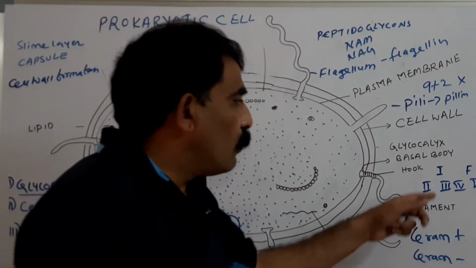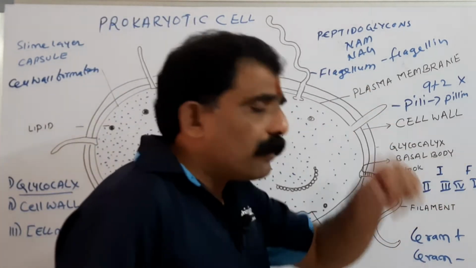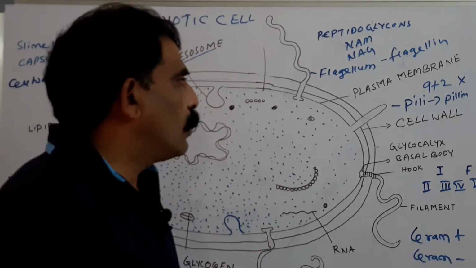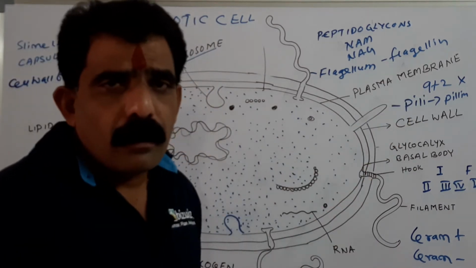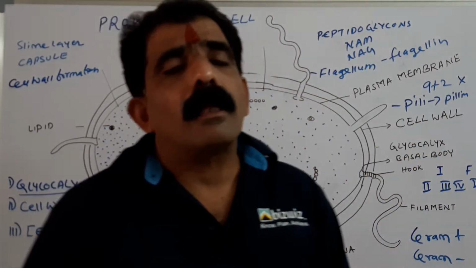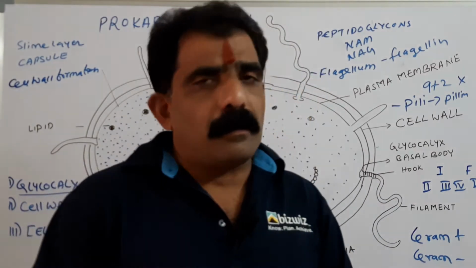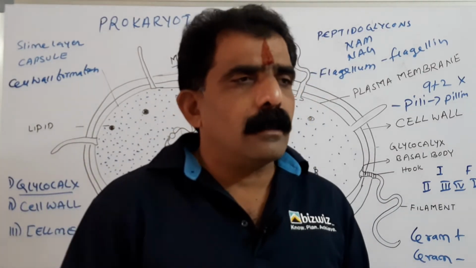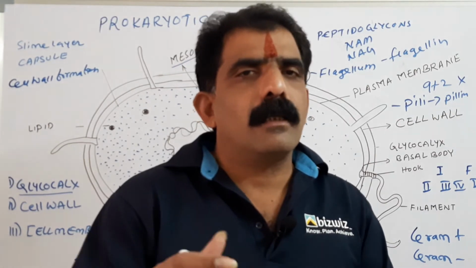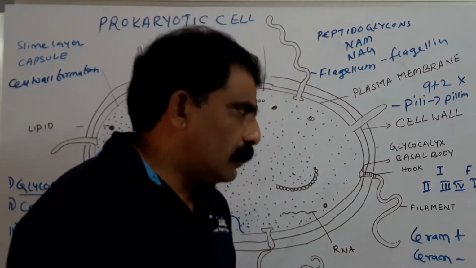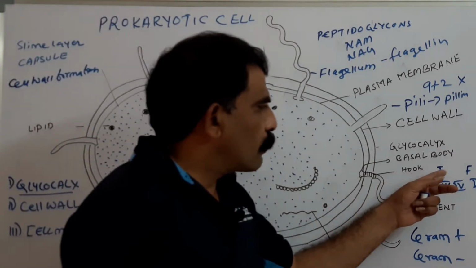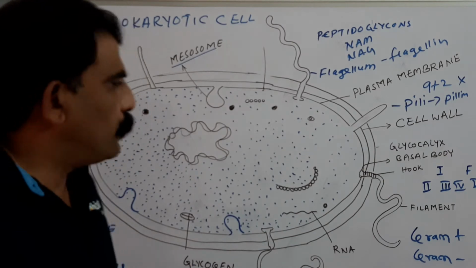Of them, I and F type pili are involved in reproduction, that is conjugation, and pili are made up of pilin. In general, the other types of pili are involved in clump formation. The bacteria form aggregations, then attach to one another with the help of those pili. So it helps in clump formation, and these two types help in conjugation.